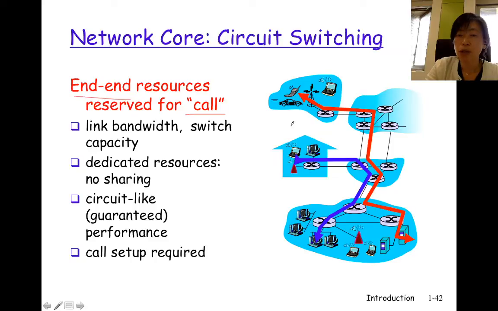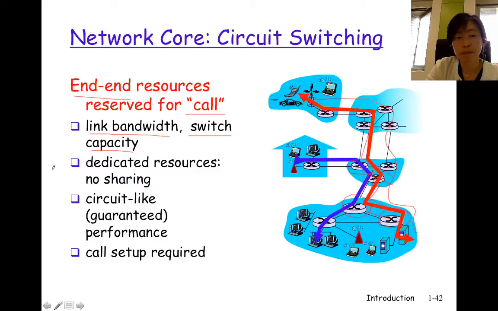So at each node in the process, this call, for example, will be reserving resources on a router, on the link, on the second router, on the second link, the third link, the fourth router, and so on and so forth. We reserve the link bandwidth, we reserve switch capacity or router capacity, so that we make way for the voice that is going to be transferred there.